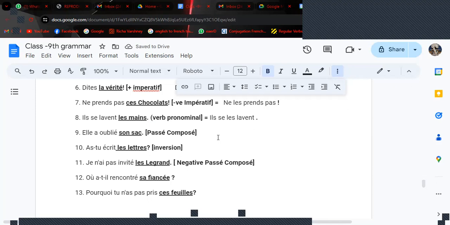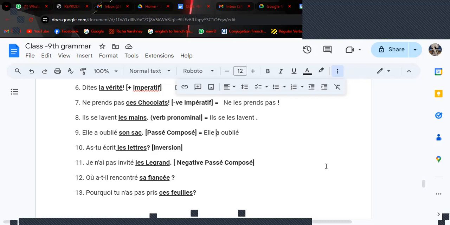Very good. Yes. Now question number 9. It is l'a oublié sans sac. L'a oublié. Which sentence is this? Yes, passé composé. So what we have learned that in the passé composé, accord will be used with avoir also, and the COD will come before the auxiliary verb.